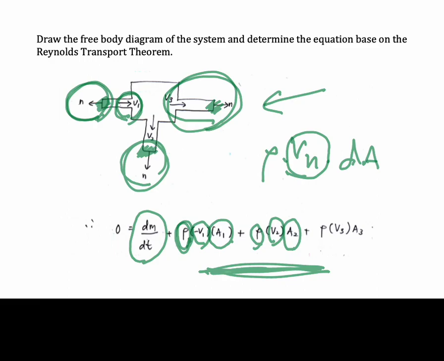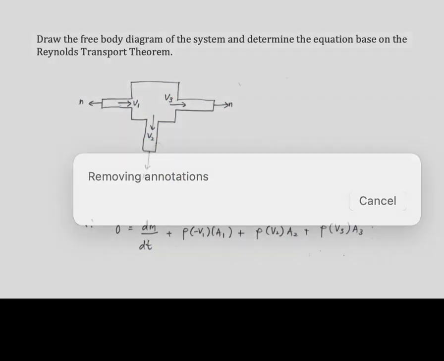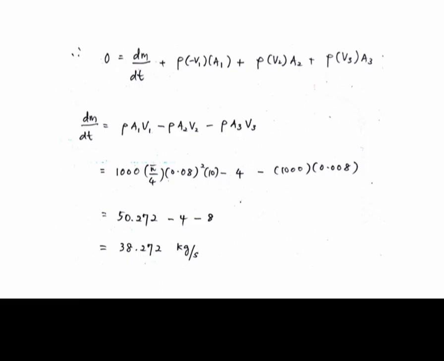And the third one is rho V3 and A3. Then we could substitute all the values. We let the dm/dt stay at this side, and we bring all these three parameters to the left hand side, so we could write it like this.